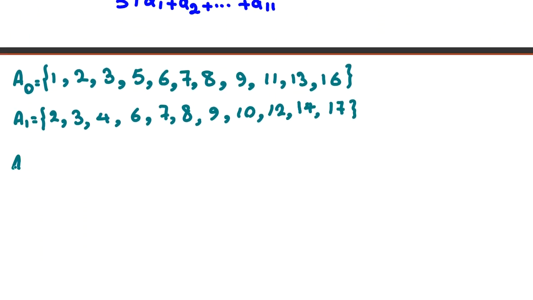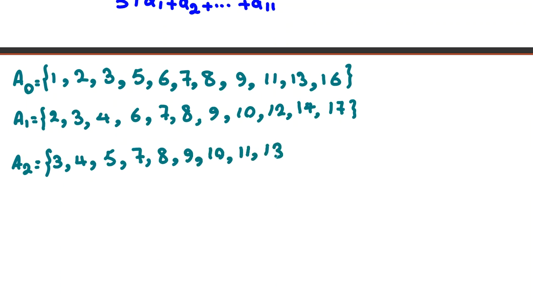Then I define A2 as 2 plus each element of A0: 3, 4, 5, 7, 8, 9, 10, 11, 13, 15, 18.